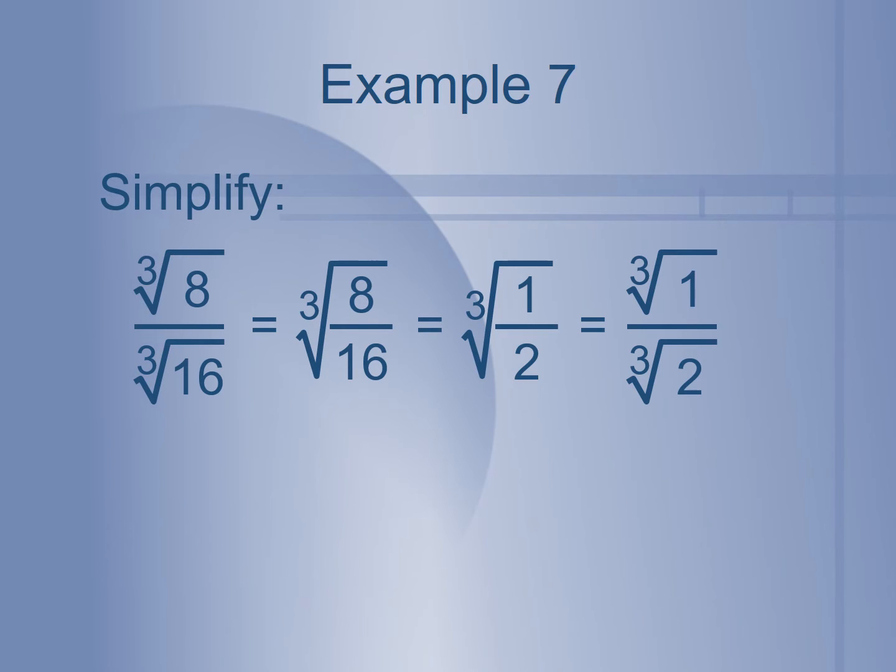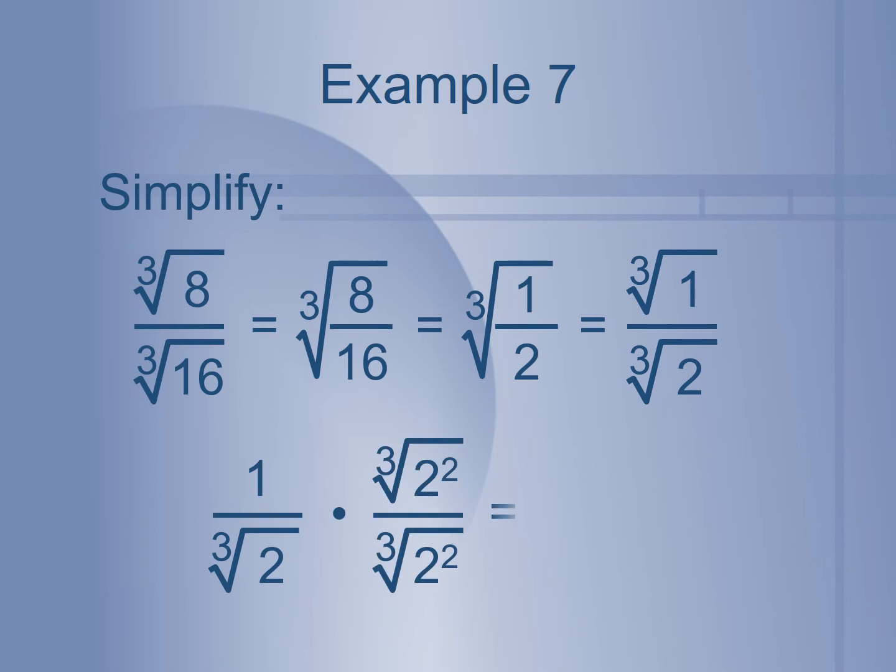Now, we can't just multiply by the third root of 2 because that would only give us 2 2's. We need 3 2's for them to break out. So we have to multiply by the cube root of 2 squared. So that way we'll have 1, 2, 3 2's, which means that it will simplify and come out of the radical. And then the cube root of 1 is just 1, which is how that became a 1.